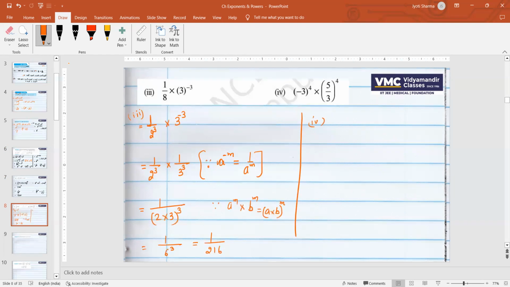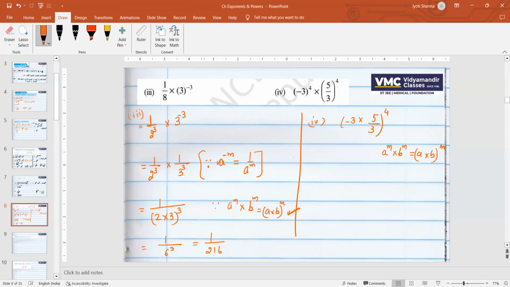The fourth part I am doing it here. You can see again the powers are same. Minus 3 into 5 by 3 whole raised to the power 4, by using the same law which I have applied here.